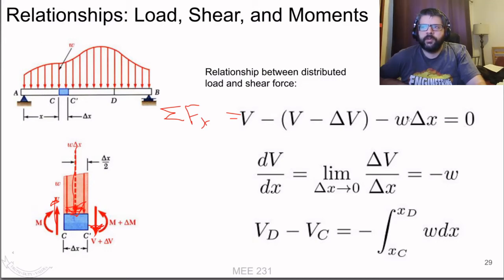If w is the magnitude of the distributed load, and delta X is the width there, so however many newtons per millimeter times however many infinitesimal millimeters that we have there, all that is equal to 0.